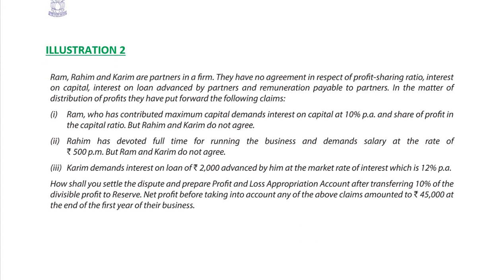Illustration 2. Ram, Rahim and Kareem are partners in a firm. They have no agreement in respect of profit sharing ratio, interest on capital, interest on loan advanced by partner and remuneration payable to partner. In a matter of distribution of profits, they have put forward the following claims.